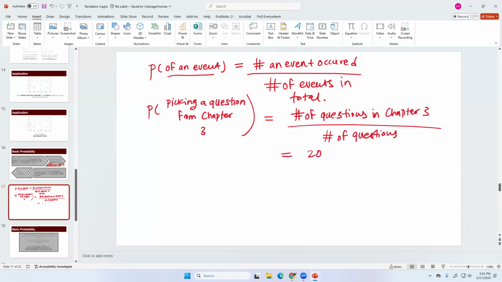And this was 20 over 50 or 2 over 5, right? This is the basic frequency interpretation of probability, where you count the number of events and the total number of things, divide, and you get the probability.